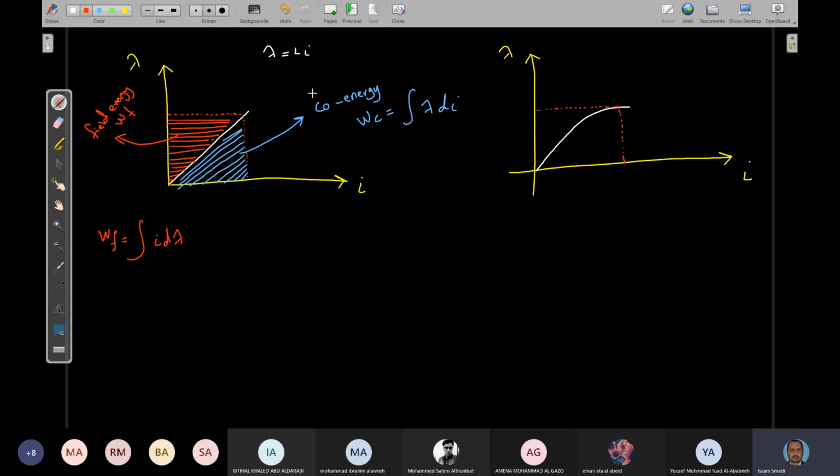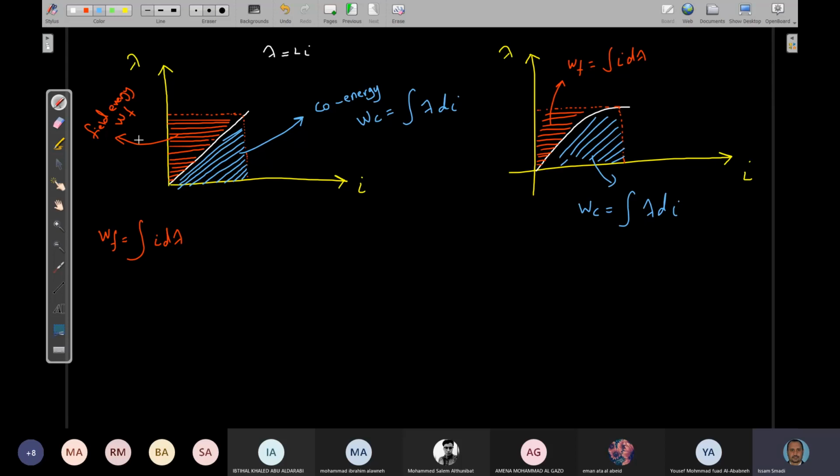Now the same thing, if I need to find this area, I will evaluate omega f, which is equal to the integration of I d lambda. And this area is also the Coenergy, which if I need to evaluate is lambda di.